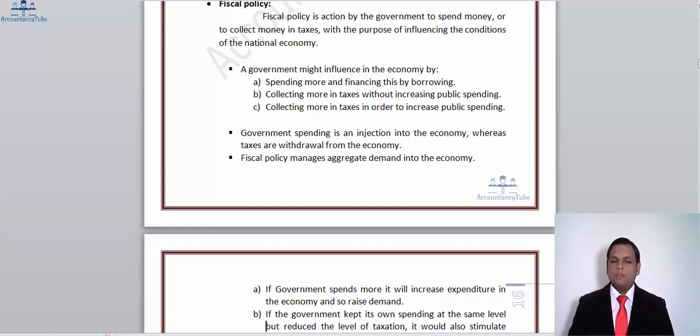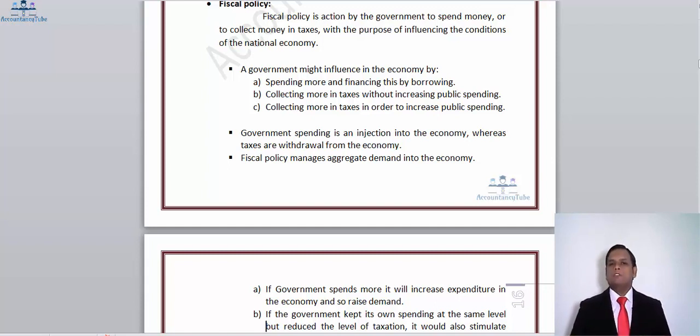Now, this is done by most of the countries that are heavily in debt. They collect more in taxes and do less public spending. Now, there could be a number of reasons for that, not just the debt. Perhaps the government wants to reduce demand in the economy, so they start this approach. They tax the people and reduce their expenditure in the economy.